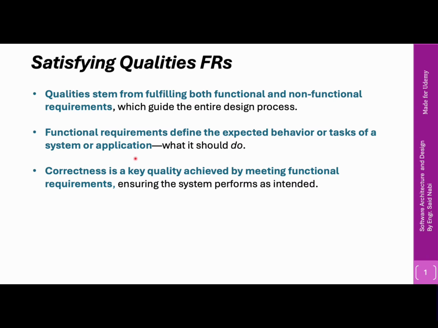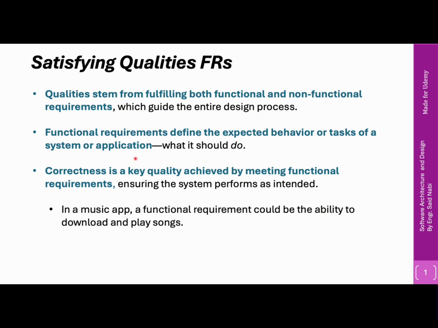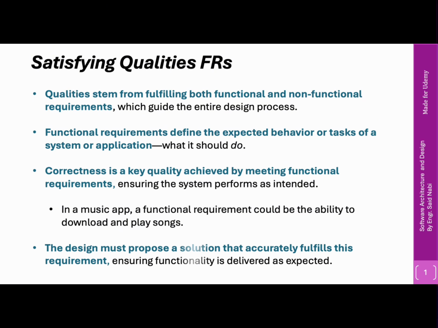Correctness is a key quality achieved by meeting functional requirements, ensuring the system performs as intended. So after the system is built, you have to check the correctness, whether the system conforms to the requirements of users or not. In a music app, functional requirements could be the ability to download and play songs.